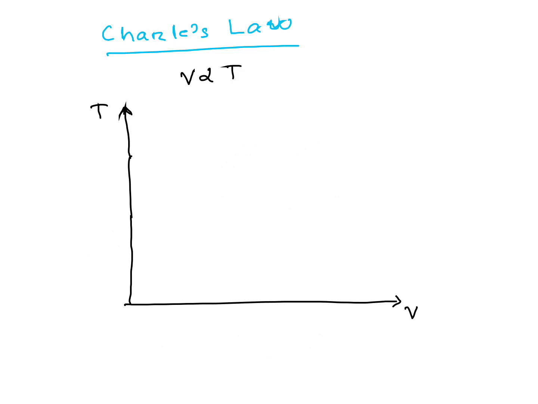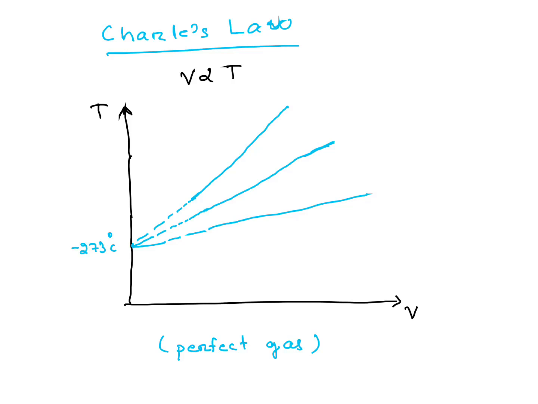Here these are constant pressure lines, P1, P2 and P3. P1 is less than P2 and P2 is less than P3. Once they ask this question, which one is greater? So you remember this graph also. This one P3.